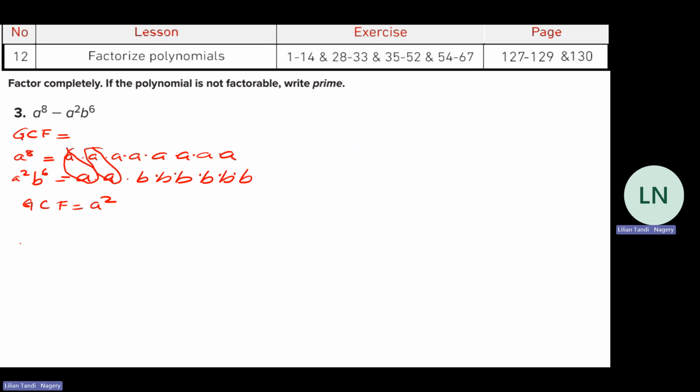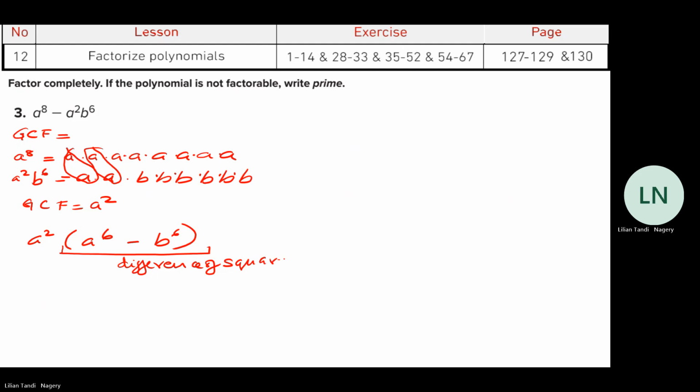Okay, so you're going to get a squared times a to the 6 minus b to the 6. Okay, this is a square. You can rewrite this as a difference of squares. How are you going to rewrite that?